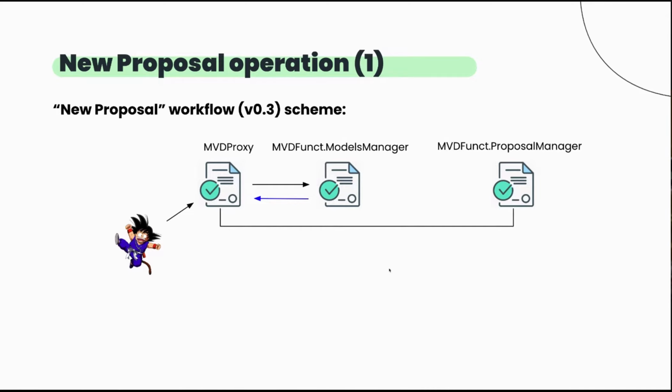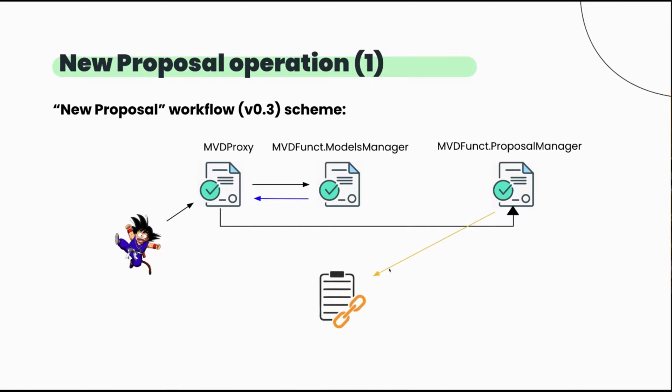The functionality proposal manager is a core contract in the new proposal workflow in the 0.3, because the functionality proposal manager creates a new proposal, and a new proposal is represented by a new contract.